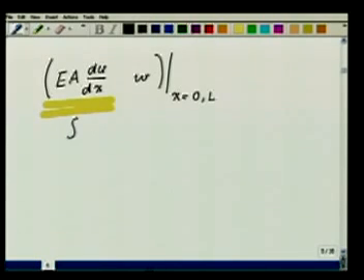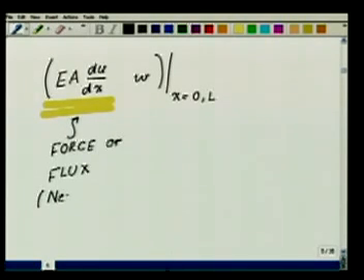This specifies a force, an axial force or flux, as it is called, which is specified at the boundary. Now this is sometimes given other names. It is called Neumann or natural.